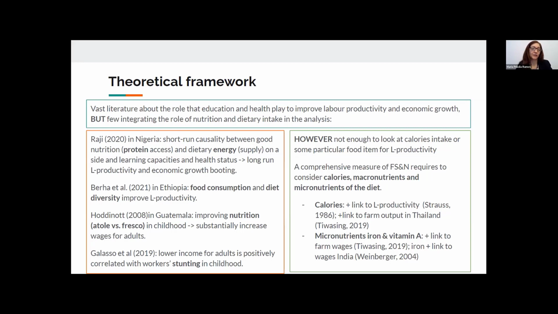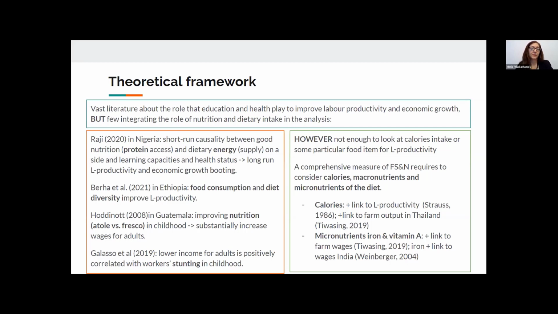There is another work, for example, Odino 2008 in Guatemala, that focused its analysis on particular food items, atole versus fresco, which introduce different nutrients in childhood, and thus it shows that it has an impact on adult earnings from labor. And there is, of course, evidence that when we have suffered stunting in childhood, there is lower income or lower wages in adult life.